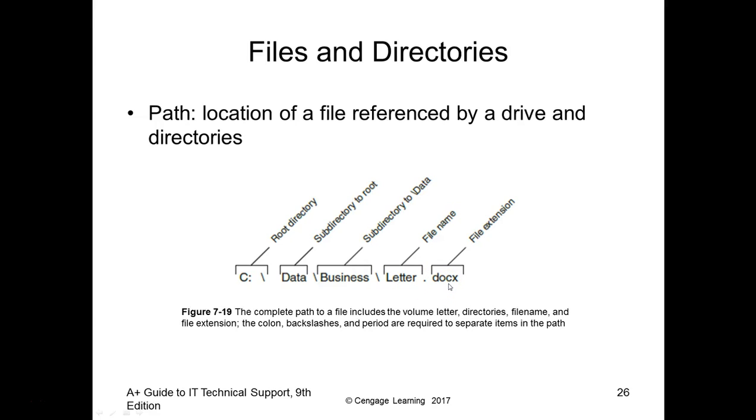File extension we'll get into a little bit more, but essentially all this does is it helps the operating system identify what program is going to open up this file right here. So this .docx is telling us that this file is a Word document. That's all the file extension does. But as you can see, this path breaks it down from the very highest level at the root and then goes down to the different subdirectories.